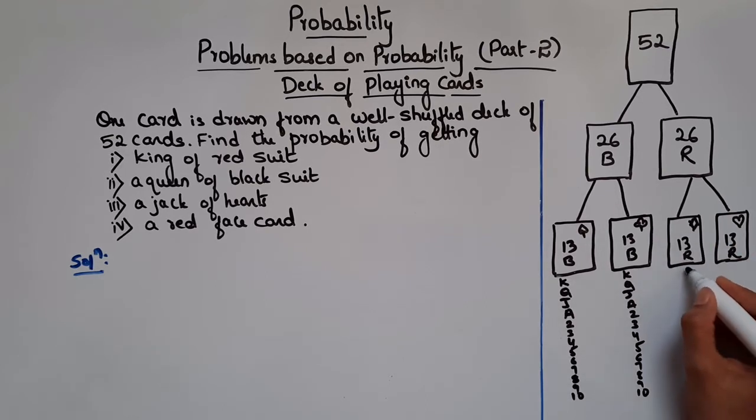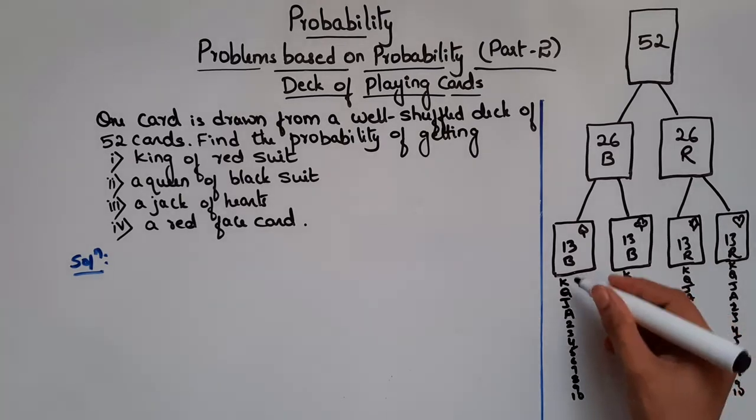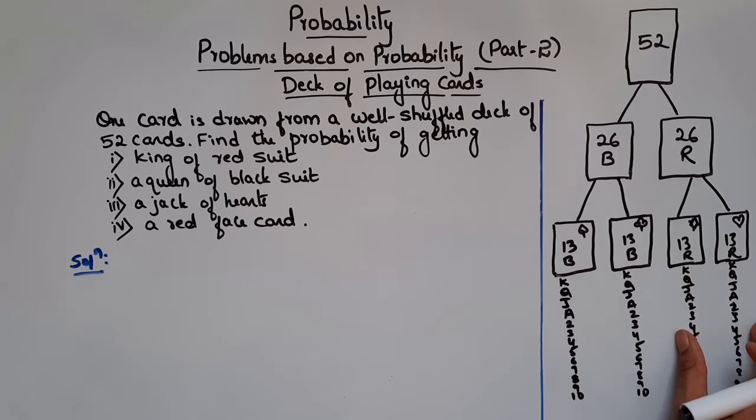Similarly in this suit we have king, queen, jack, ace, 2 to 10, and here also king, queen, jack, ace, 2 to 10. So these two sets of cards are black and these two sets of cards are red. I hope this is clear.